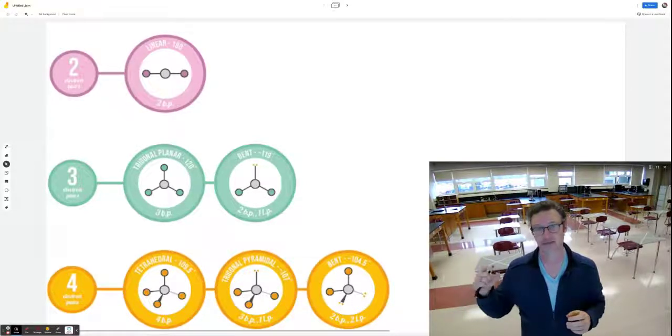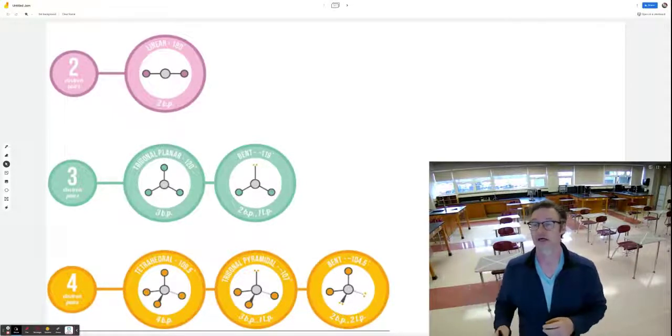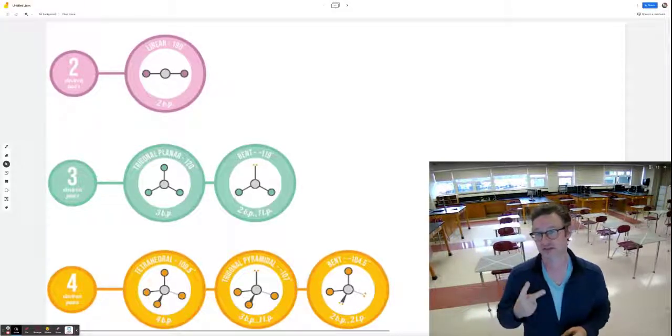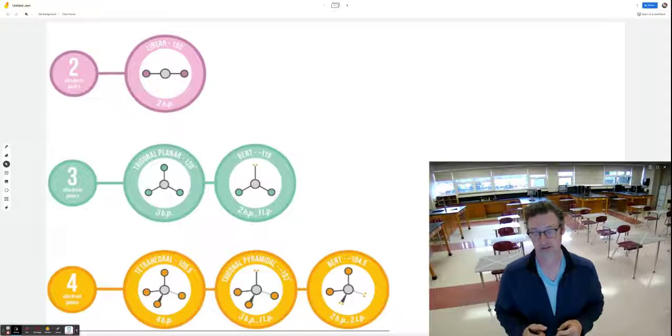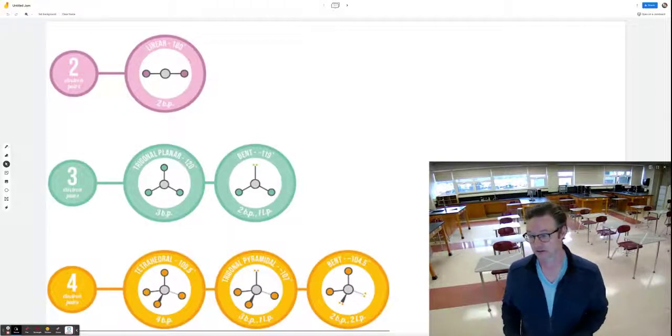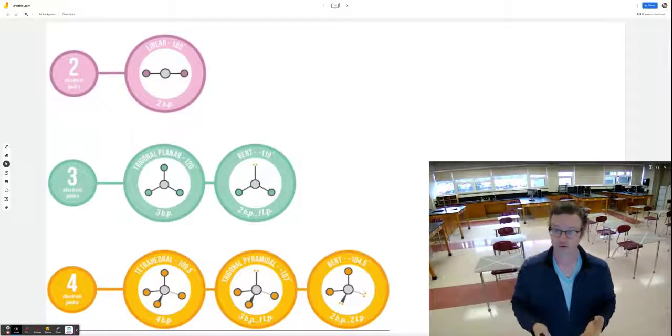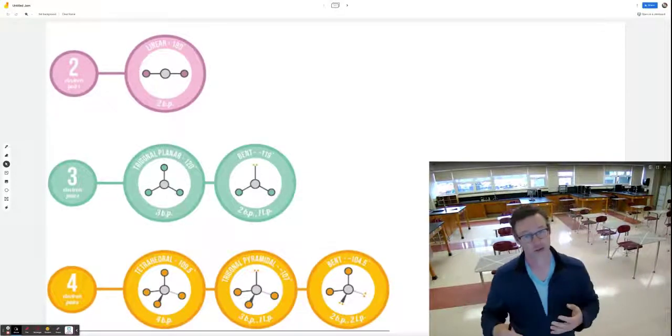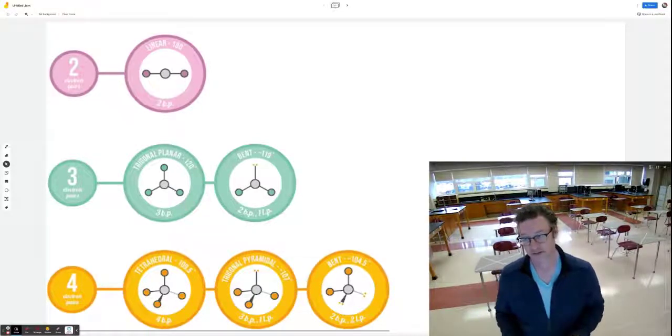If there's an atom connected, that counts as one domain. Second, look for any lone pair electrons on the center atom only. Those are the 2 things you need to look for to determine the geometry. Those are also 2 of the things that you're going to look for to determine whether it's polar or not.